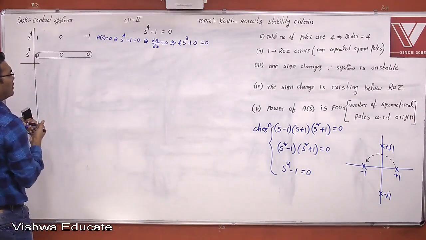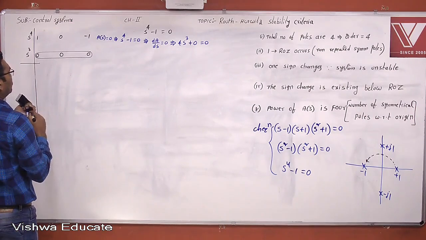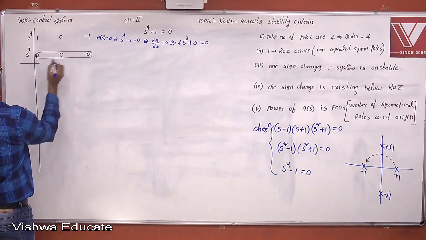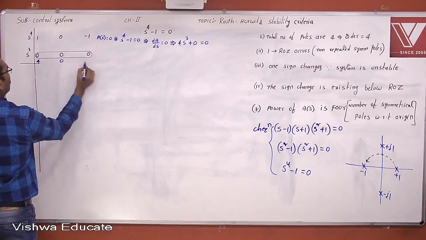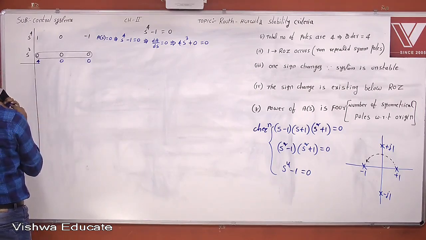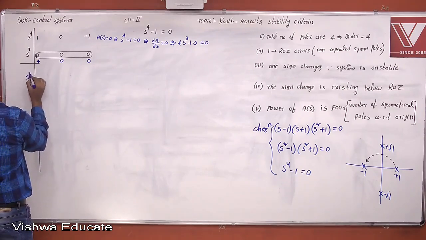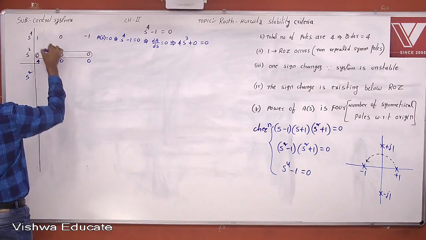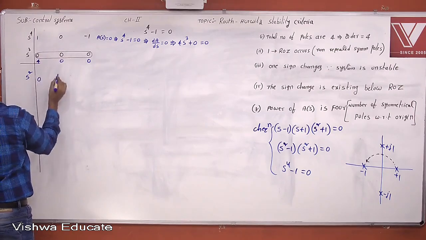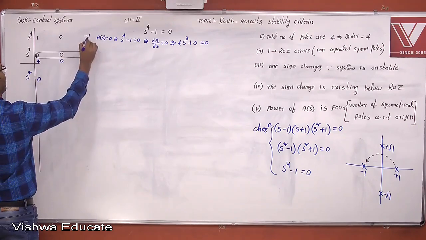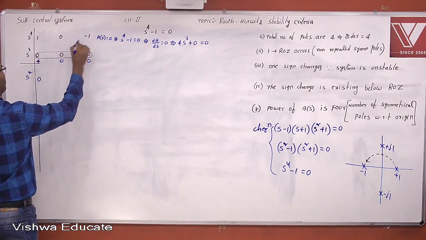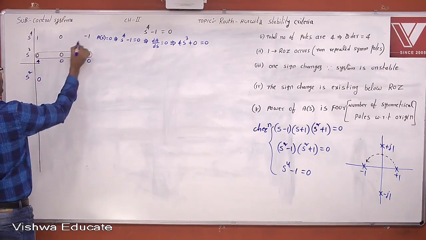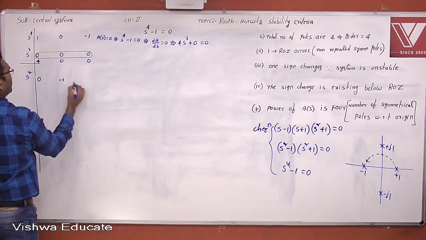Replace the coefficients: this is 4, 0, 0. Now again continue, this is s squared. 4 into 0 minus 0 is 0. Now 4 into minus 1 is minus 4. Minus 4 by 4 is minus 1.